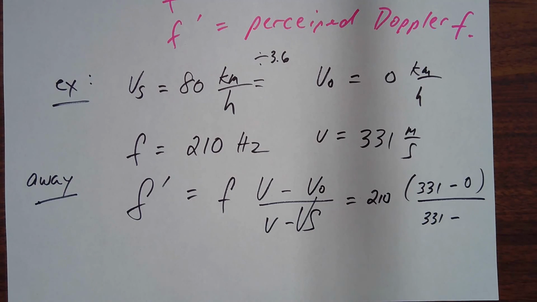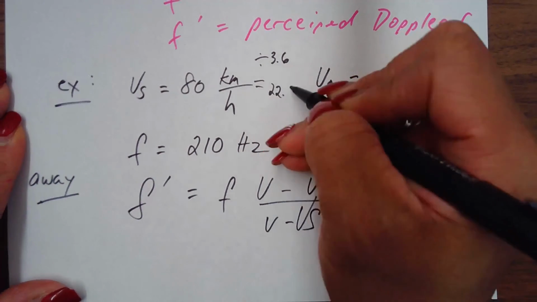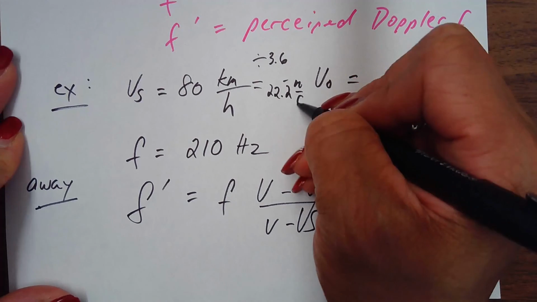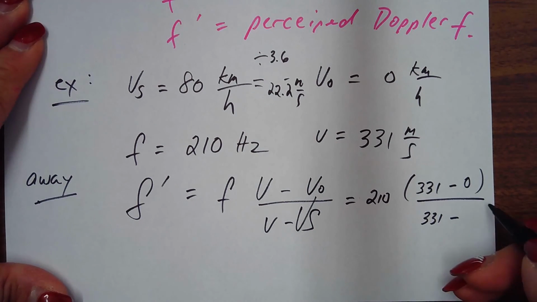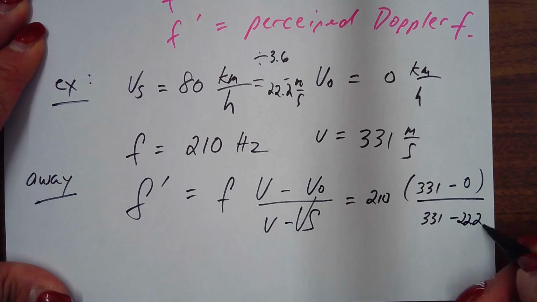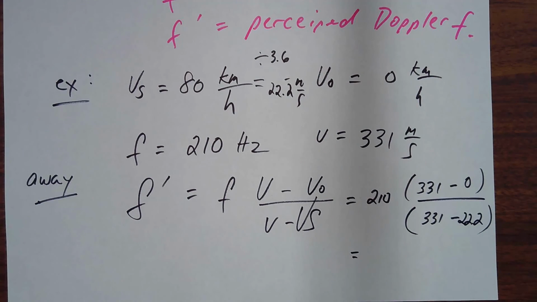Okay, so you divide 80 by 3.6, and we have 22.2 repeating meters per second. So that's your source velocity, 22.2. Okay, so let's see what you get.